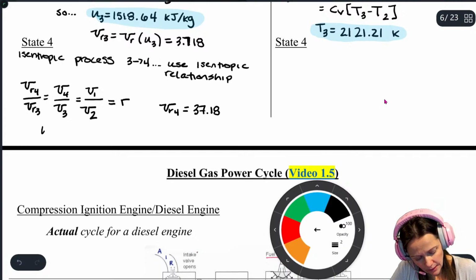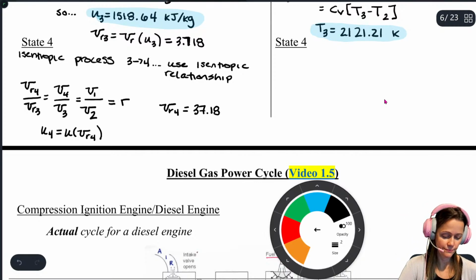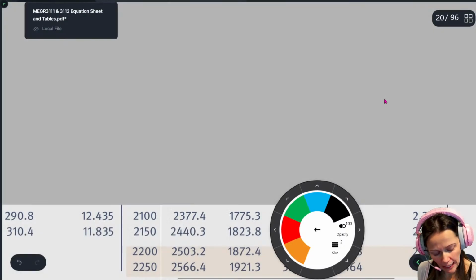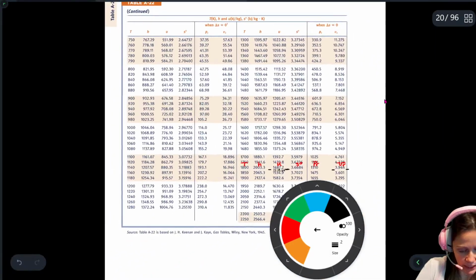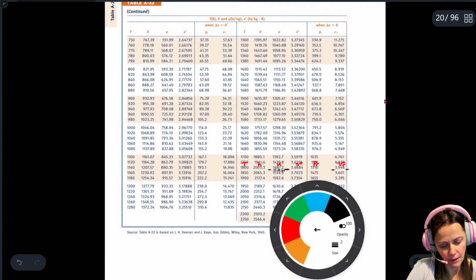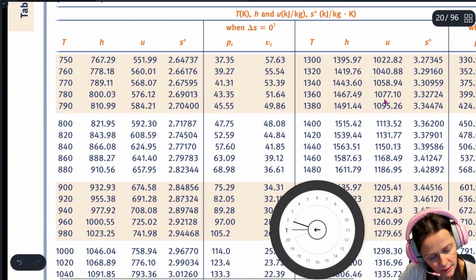All right, and so now our U4 is going to be the internal energy corresponding to that VR4. So heading on back to our ideal air tables, 37.18.